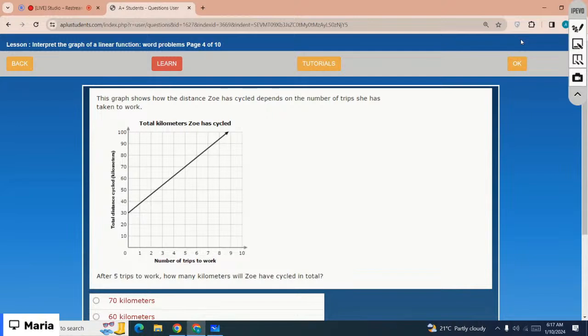So, which is the correct option? 5 trips to work.